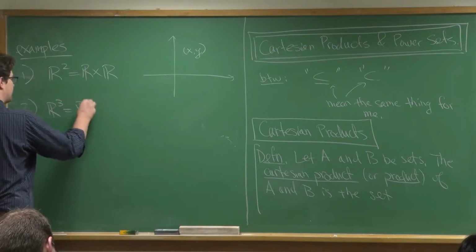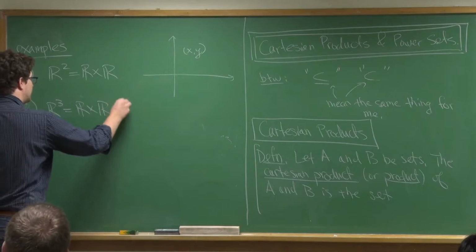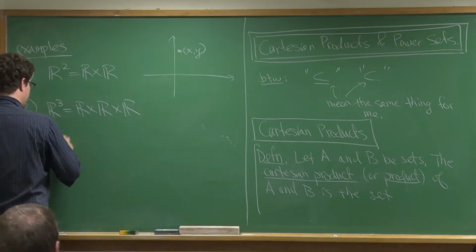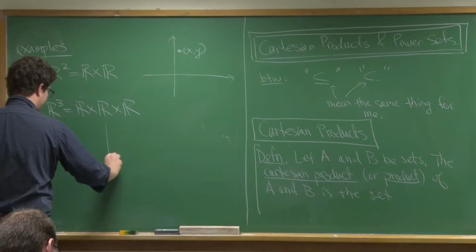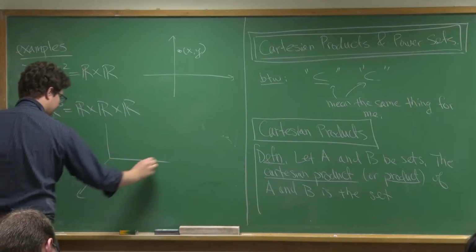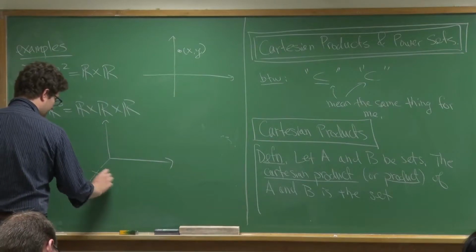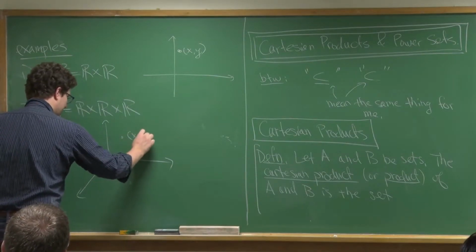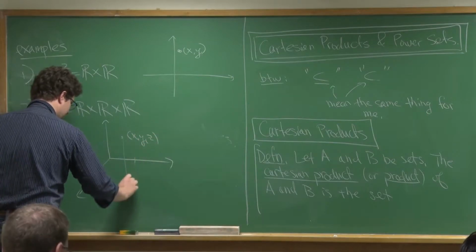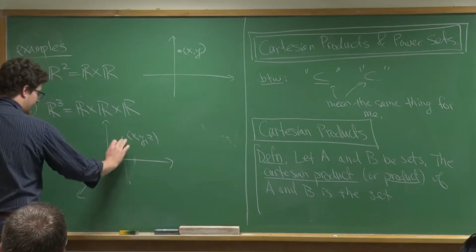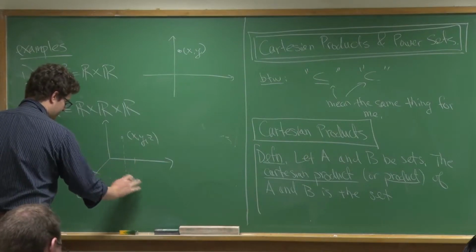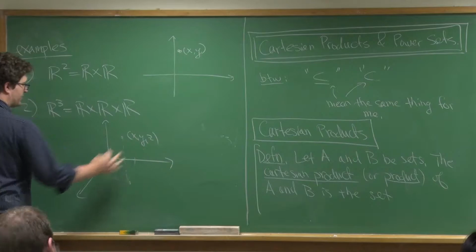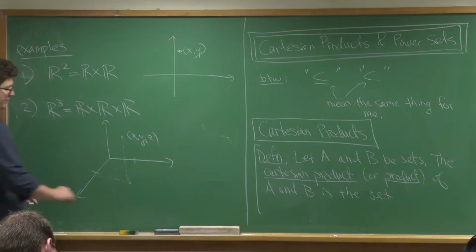This is R cross R cross R. So there's a point in there, and this is a three-dimensional space. You can have a point here that's like (x, y, z). I'm trying to show that it has three dimensions to it. These are ordered triples consisting of 3 elements.